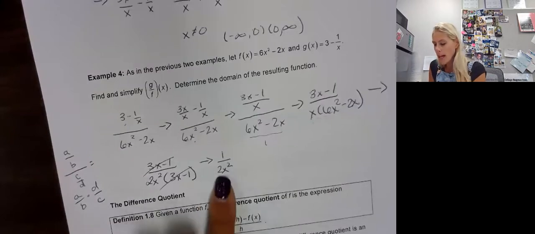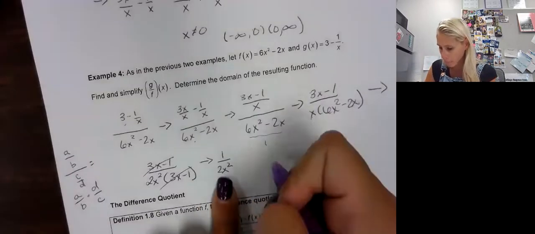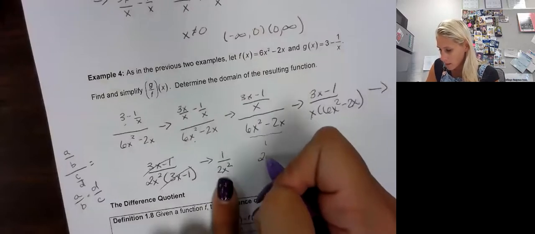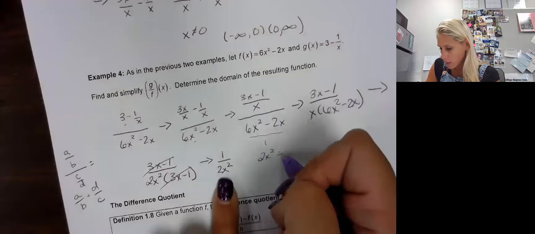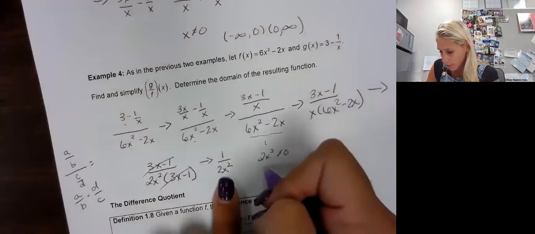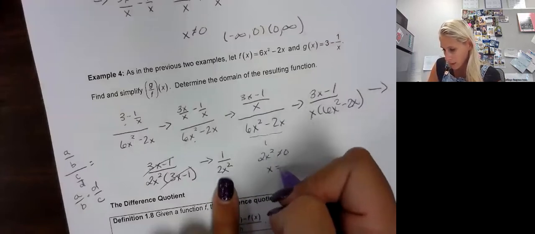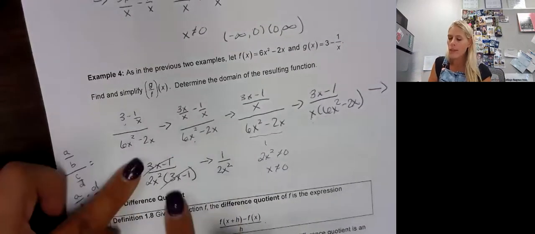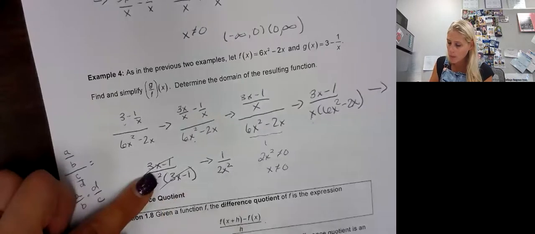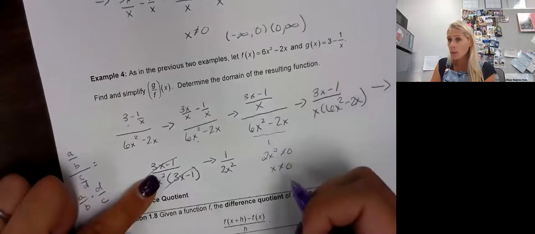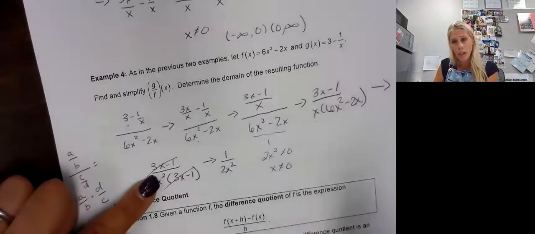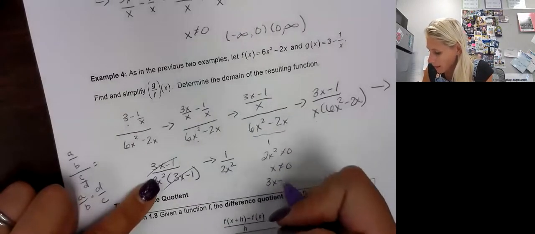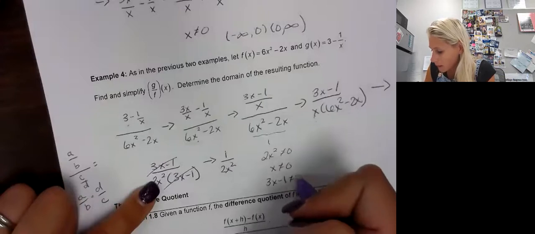All right, a couple things we need to talk about. Well, first of all, as you can obviously see from below, 2x squared cannot equal 0. So when I solve for that, I get x can't equal 0. But the other thing I must keep in mind are things that canceled out. Those are the wholes that we used to have in secondary 3 that we went over. So I still have to say that 3x minus 1 cannot equal 0.